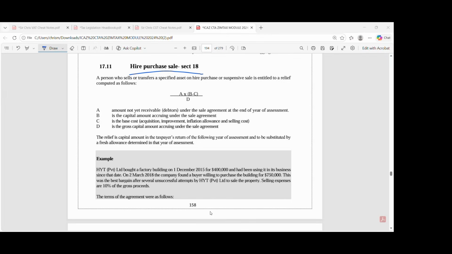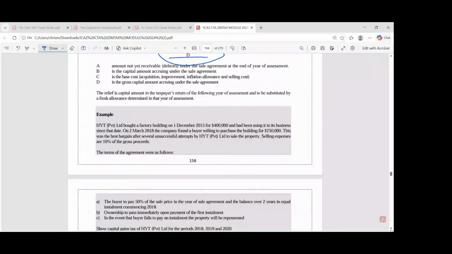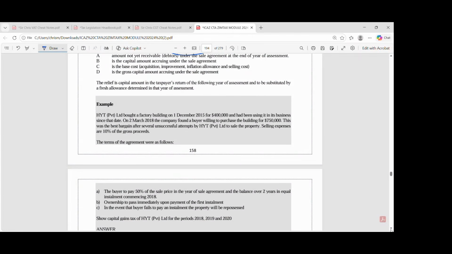So the question is, ZIMRA, remember your principle, income is taxed when it's received or when it's accrued, isn't it? But I can seek relief. If you understand the principle, I want to explain and simplify it in simple terms here.